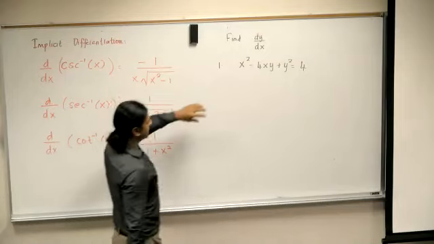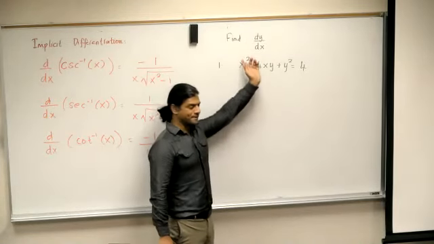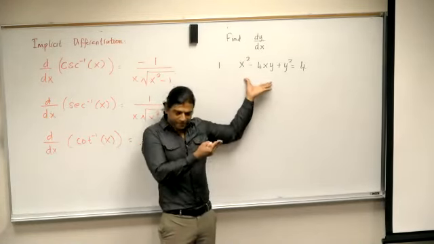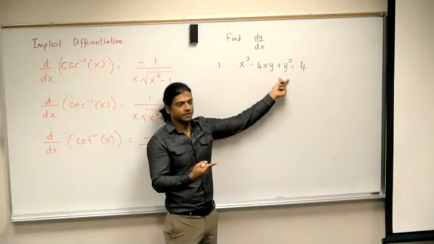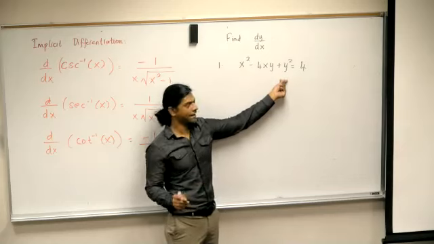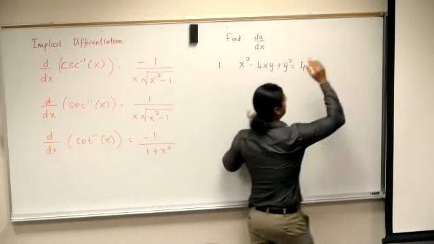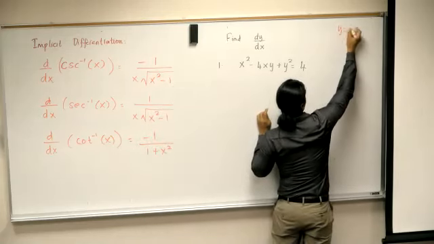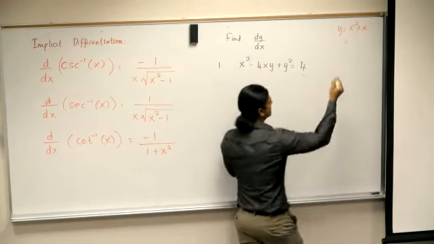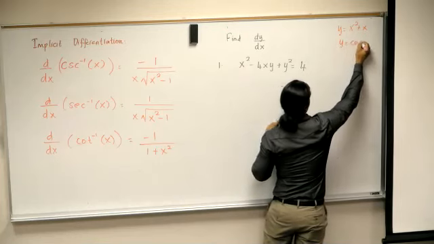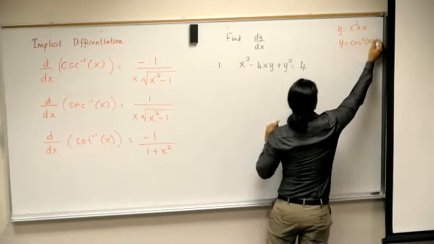We want to find the derivative of y. Now, you can say that I have a function of y, right? I don't just have y, I have y squared. Typically, in the past, we would have y equals x squared plus x, y equals cosine squared x plus 1.